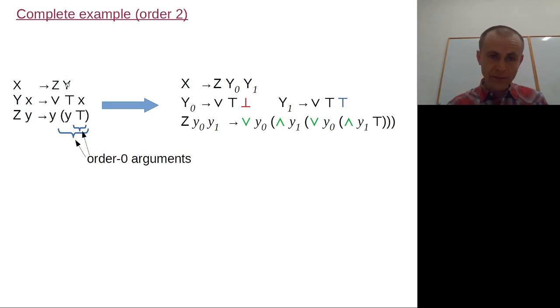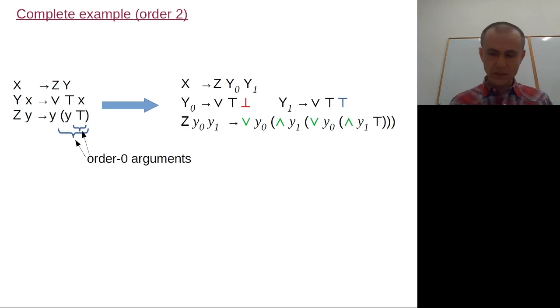If originally we were just passing y as an argument to z, now we have two variants of y, and we have to pass them as these two arguments. And here we have this kind of application for which we do the transformation. We have replaced this y by the two arguments. So this is essentially how the transformation works.